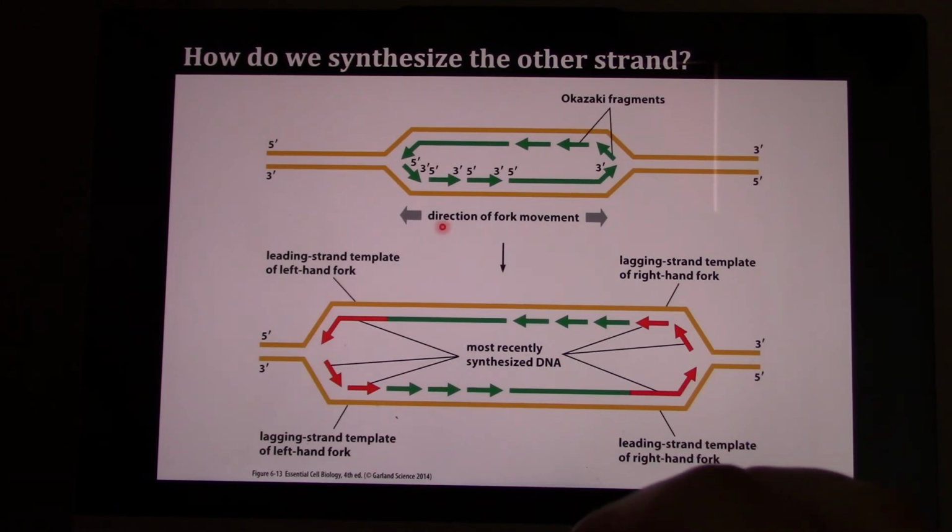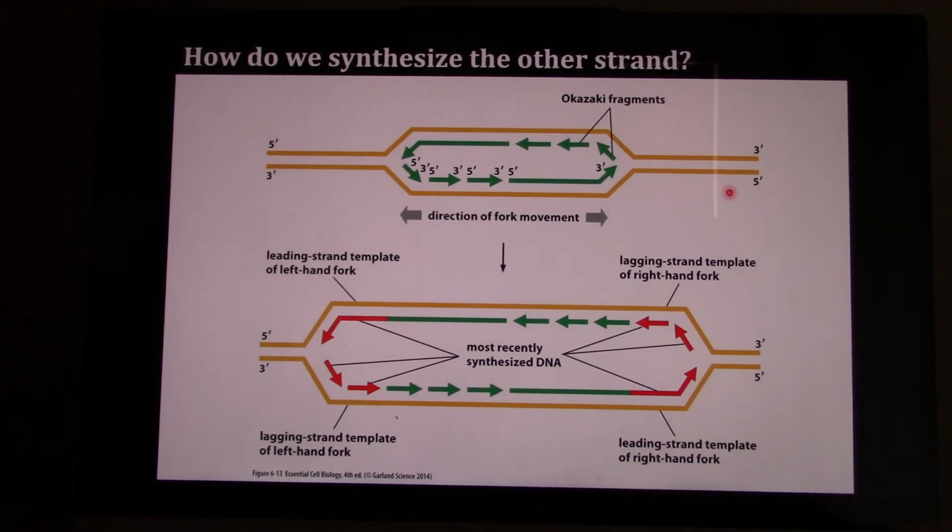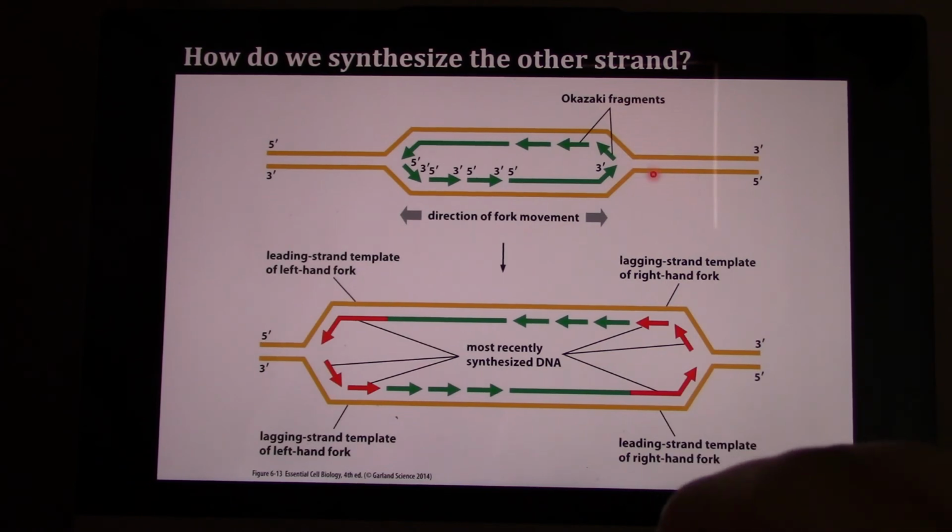We know that DNA is only synthesized in the 5' to 3' direction. The problem is that we've got a 5' to 3' template strand up top, and then it's in the opposite direction on the bottom. That makes it a little bit complicated to follow the forks in both directions.